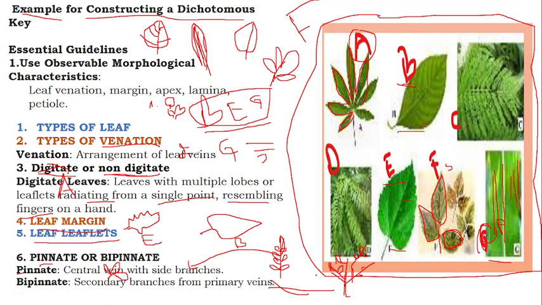Here they have 1 and 2. Based on this one, you can see there is one main vein and other leaflets like this. But here you see it is only like this. This one is pinnate, while this one is bipinnate.